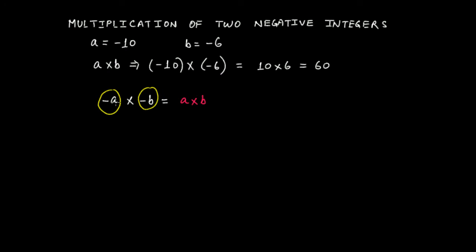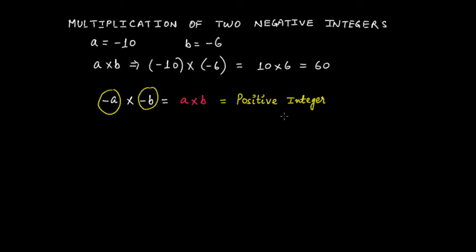That is, there are numbers a and b, and the result will be a positive integer. The outcome of the multiplication of the two negative integers will be a positive integer.